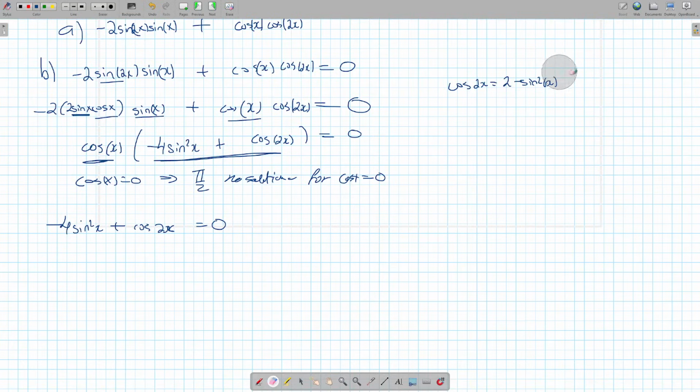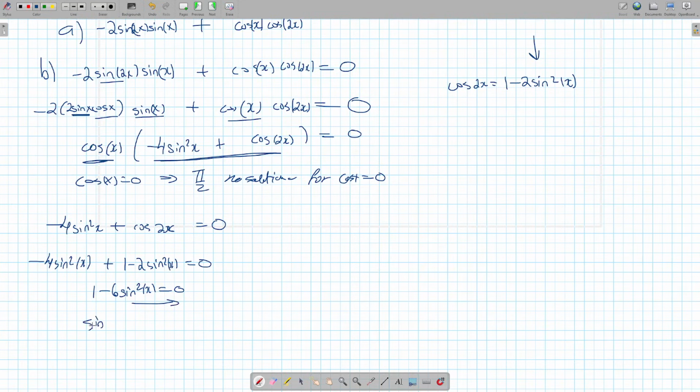So cosine 2x becomes this. So it becomes negative 4 sine squared x plus 1 minus 2 sine squared x equals 0. So easy, you just need to know this formula. Then minus 4 minus 2 will become 1 minus 6 sine squared x equals 0.